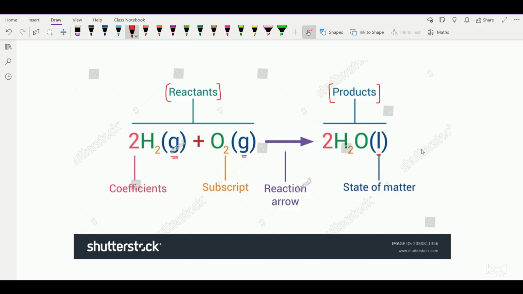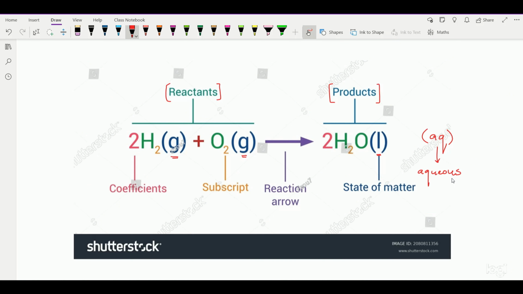We also have a fourth state that is usually written as aq, which means aqueous. Aqueous is a state where a substance is dissolved in water to form a solution. So these are basically the main parts of a chemical equation that must be written all the time.